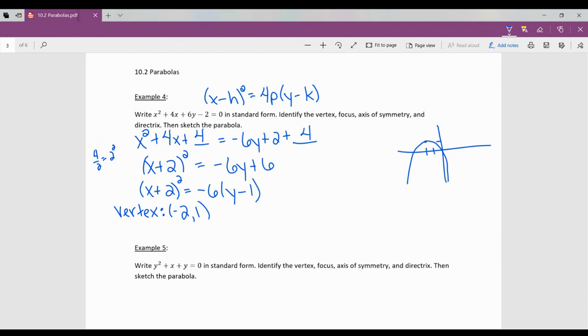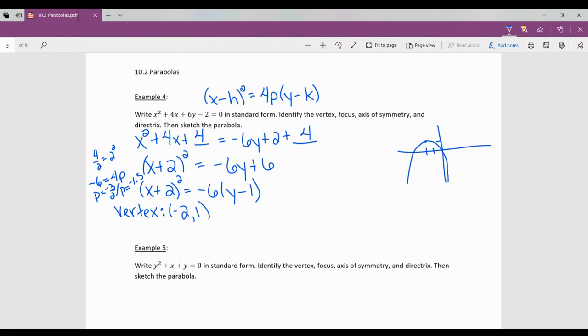All right, so now the focus. Negative 6 is equal to 4p. That means p is going to equal negative 3 over 2, or negative 1.5.